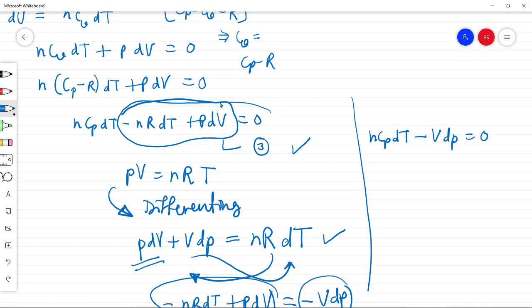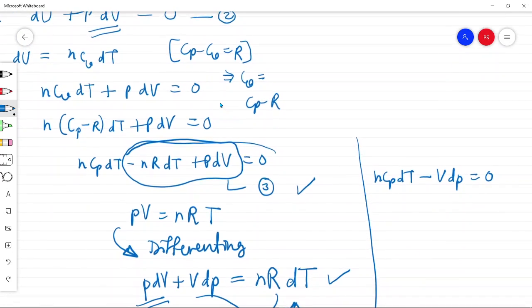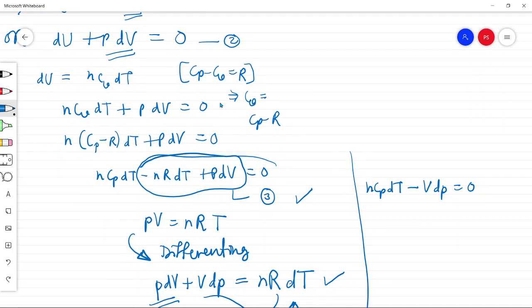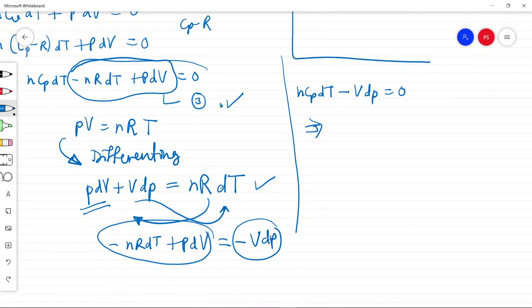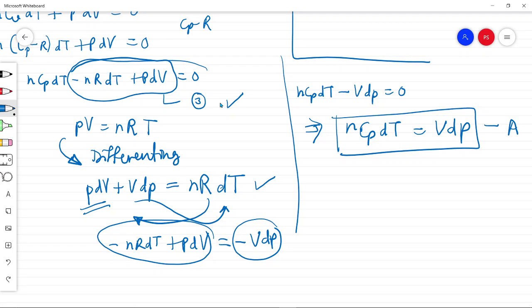Let us rearrange this to get nCp dT is equal to VdP. So this is our first equation, call it equation A.